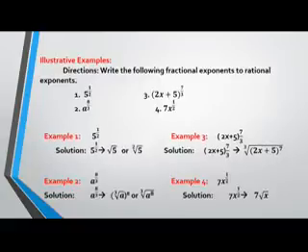Example number 4, 7x raised to the power of 1/2 will become 7 square root of x. So why is 7 not part of the radicand? It is because the power is not a fraction and it becomes a numerical coefficient of the radical expression.